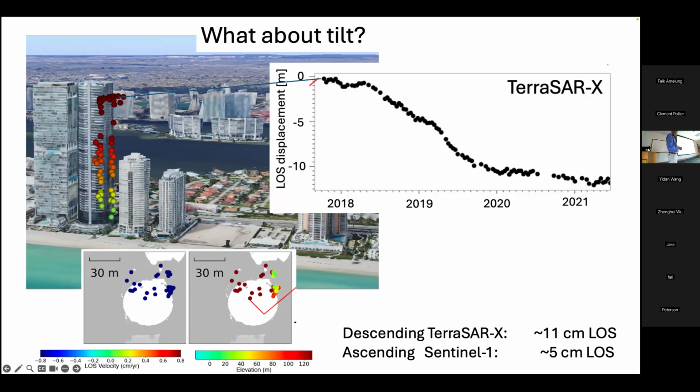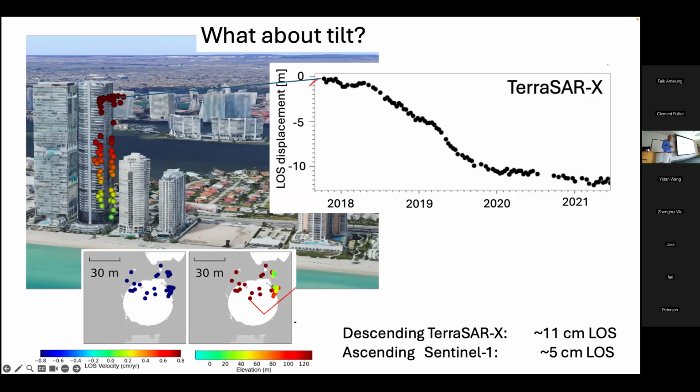So that's getting quite more significant. And that is from one satellite, TerraSAR-X, looking from this side. Then we have Sentinel looking from the other side. Most of our observations that I discussed here are Sentinel, and we see 5 centimeters of displacement. So we have a 6 centimeter difference.